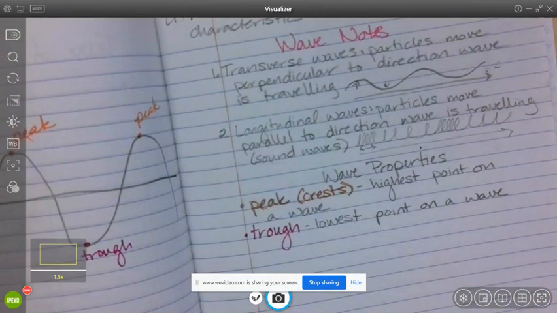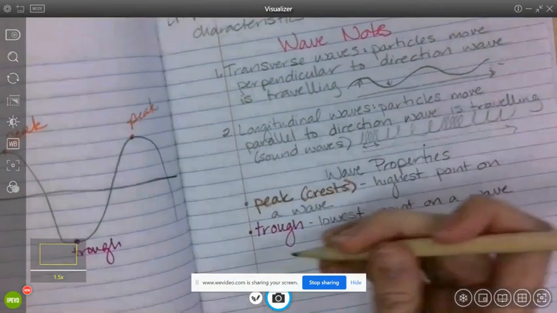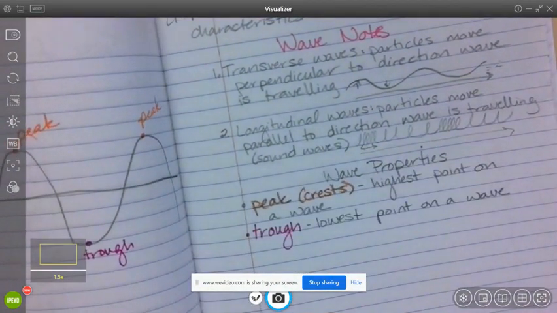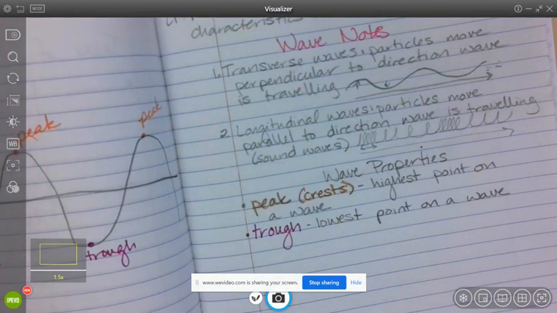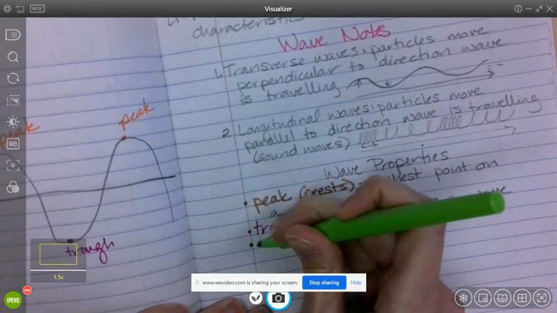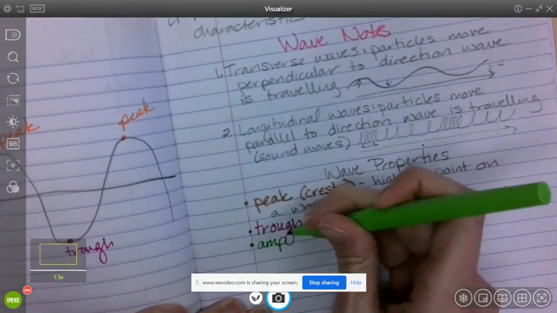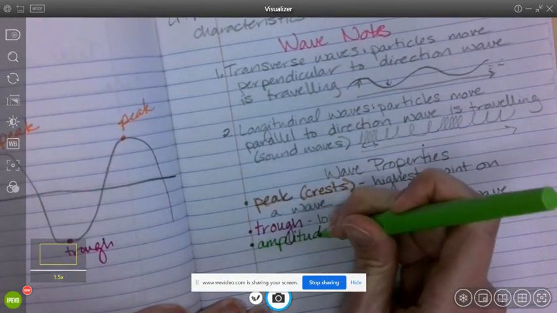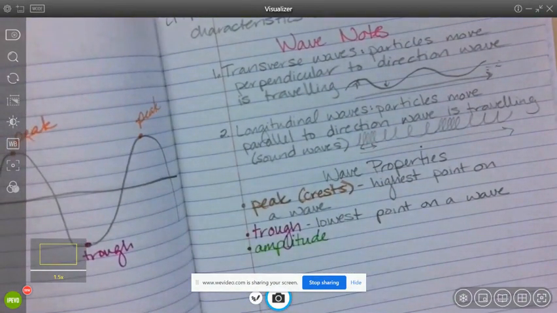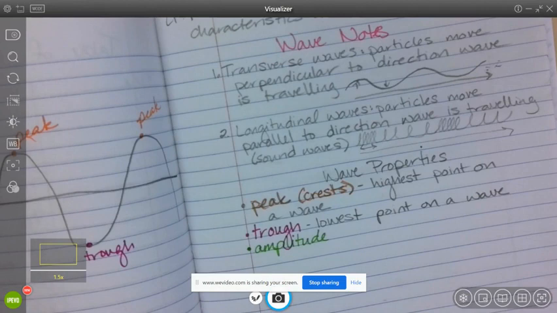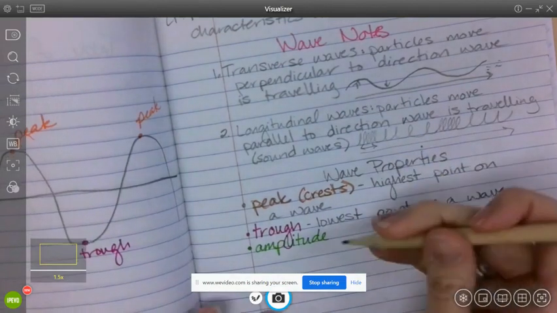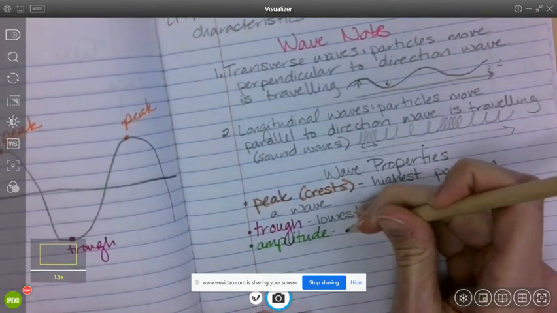All right, number 3, the third wave property that we're going to talk about is amplitude. And the amplitude of the wave is the distance from your x-axis, your horizontal axis, to a peak or to a trough. And it's measured in meters.